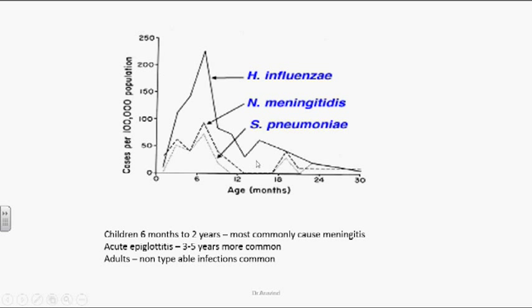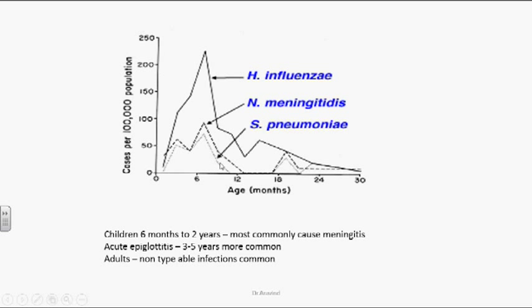The statistical graph was given in 1985 by the CDC, and we can see that after 2 months there is a higher incidence rate of H. influenzae meningitis in non-immune people, whereas Neisseria meningitidis causes a lower incidence rate in lower age groups when compared to H. influenzae, and Streptococcus pneumoniae causes a lower incidence rate in children.